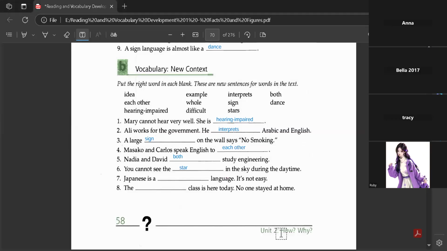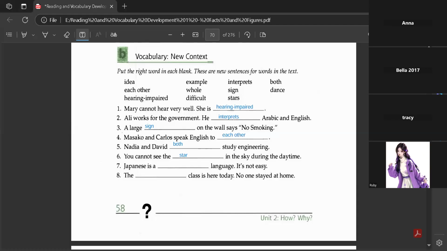Number 7. Ruby. Japanese is a difficult language. It's not easy. Yeah, is a difficult language. And lastly, number 8. Bella.